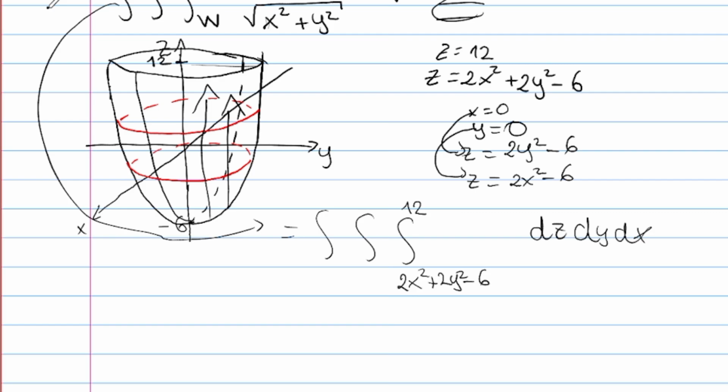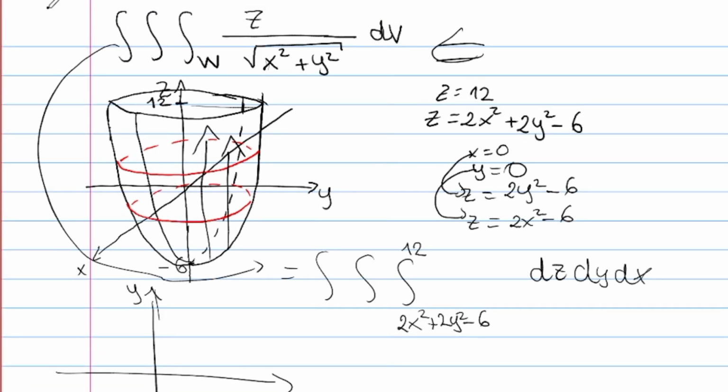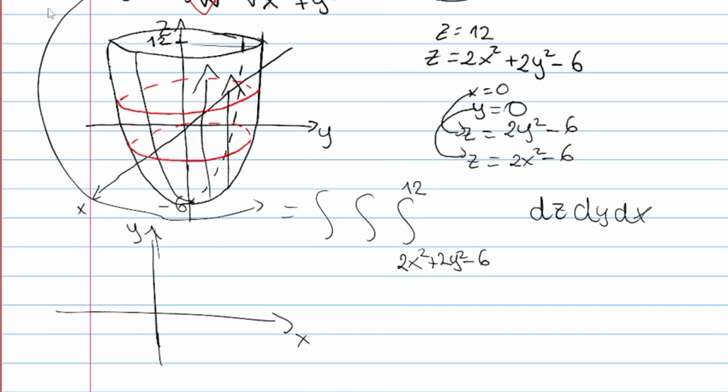Then we need to write the shadow, in y and x. Let's suppose that you are looking from the top. You're going to see a circle here. Just let z here equal to 12, sorry for that.